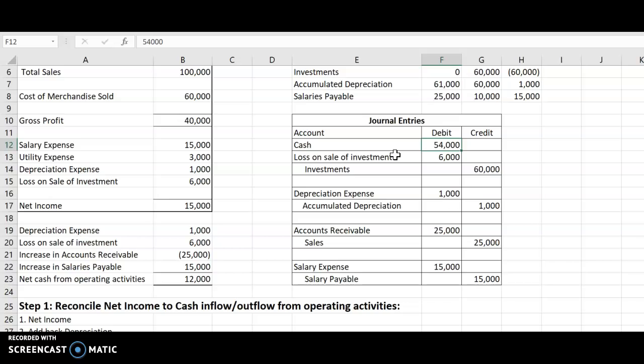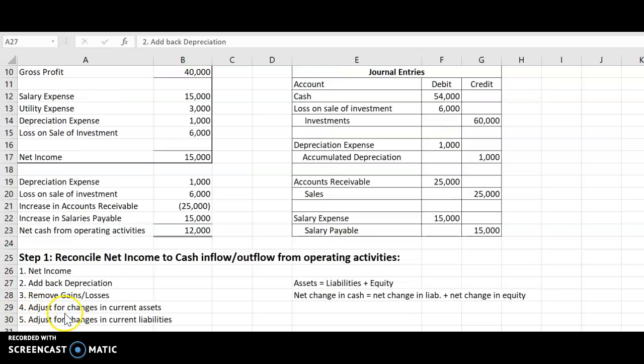So this is the amount that we're removing from our income statement because it didn't have anything to do with cash, and also it belongs under the investing section. So I'm going to remove the effect by adding it back. If it was a gain, I would remove the effect by subtracting it, which is doing the opposite of what it initially did to net income.